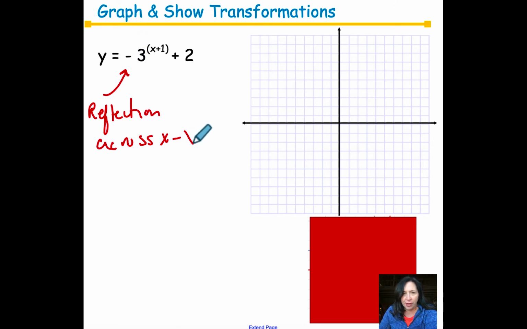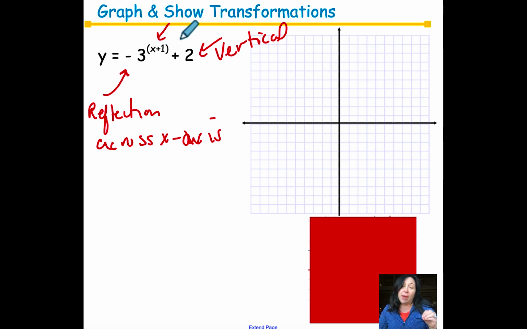That's the first thing that you're doing. Always do reflections first. This is a vertical shift, and that's going to move my graph up or down too. And then this value here, with my exponent, is going to move it to the left 1.